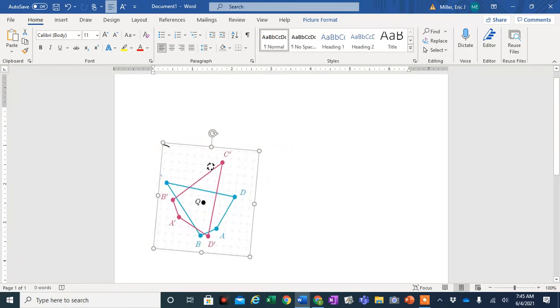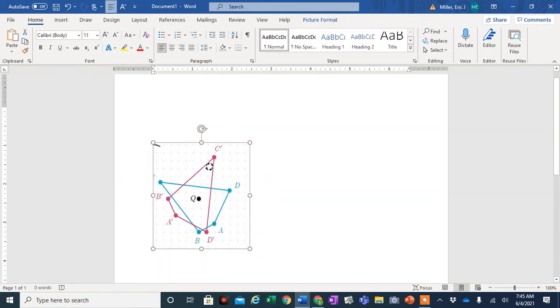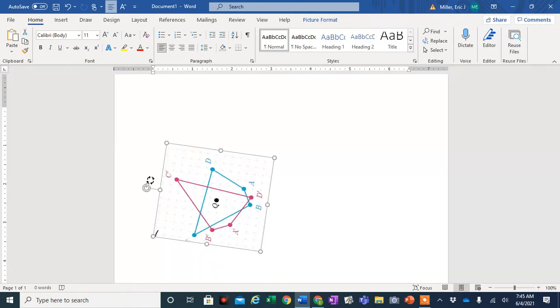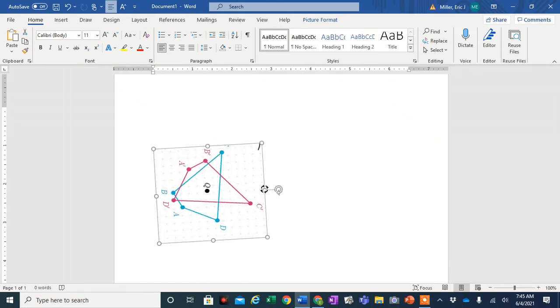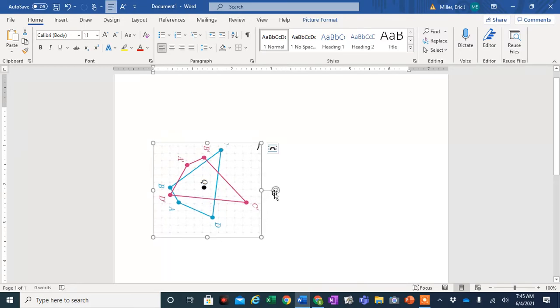Okay, so here we are back to the original. Now what if I went counterclockwise? So I would go 1, 2, 3. And again, my C would be up here. Okay, so that it would look like this. Now I want to turn this back to the original and see if that looks the same.